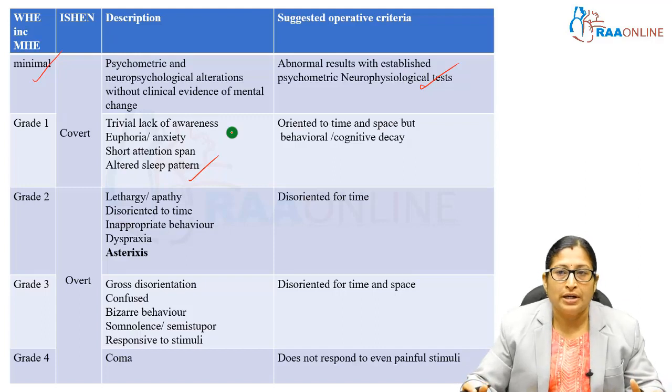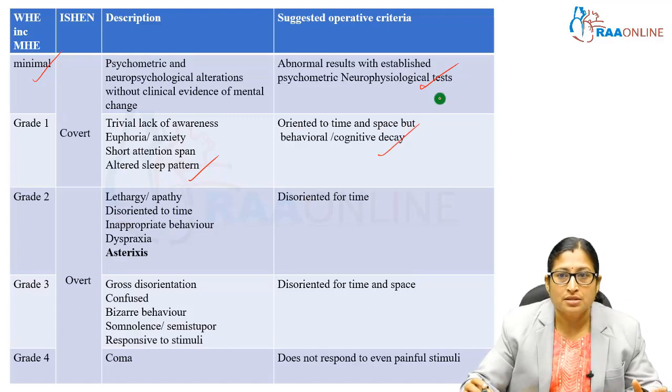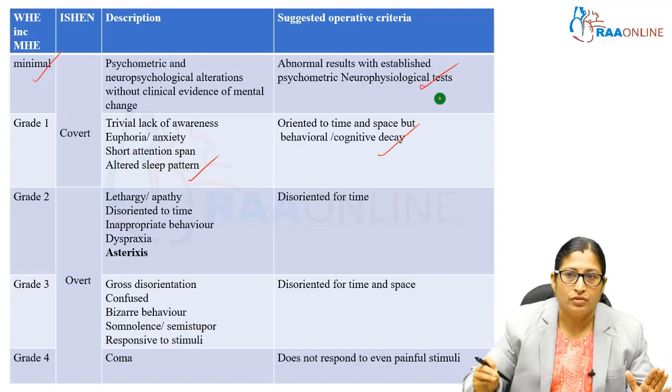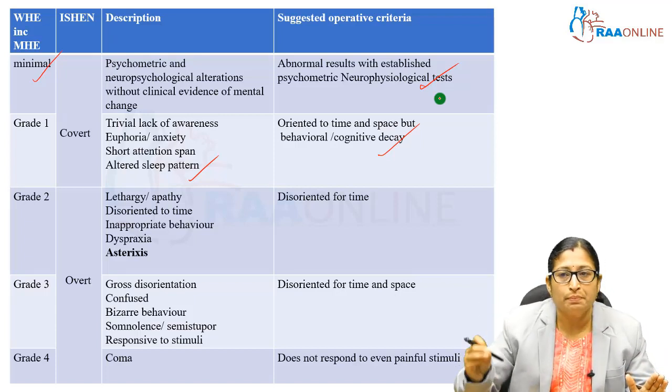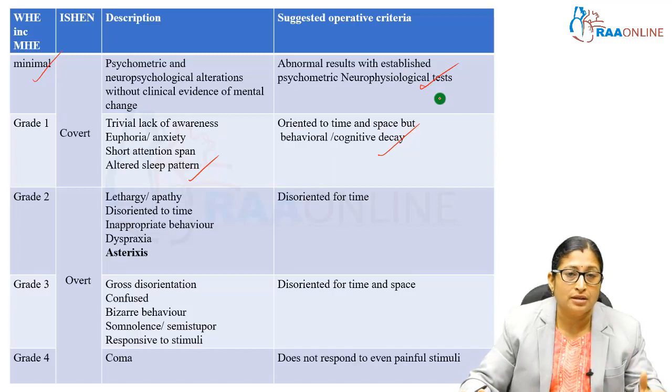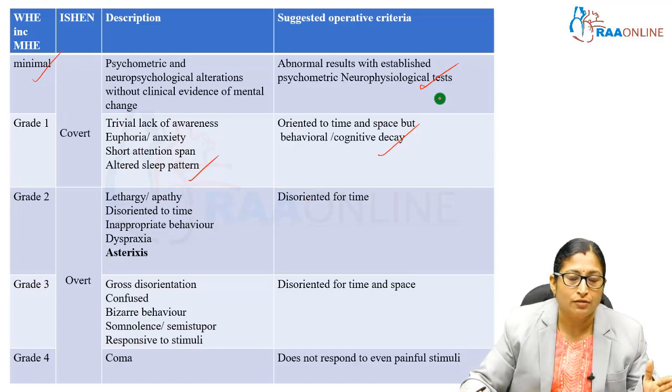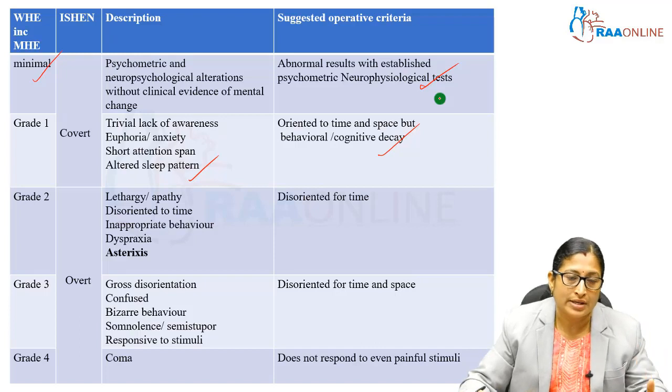The operational criteria is that they are oriented to time and place but have minimal behavioral or cognitive decay. Simple calculations may be difficult, but they are oriented to time and space. These patients are grade 1 as per Westhaven's criteria.